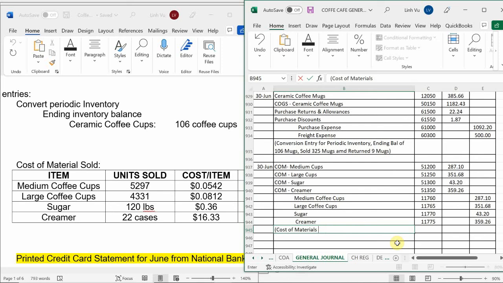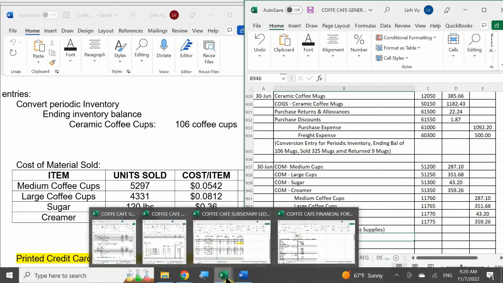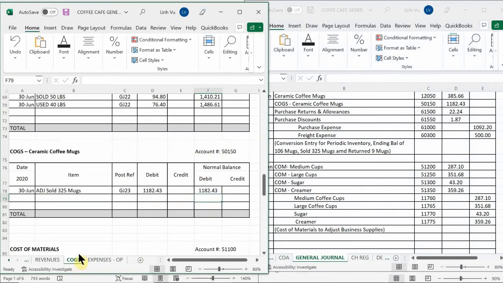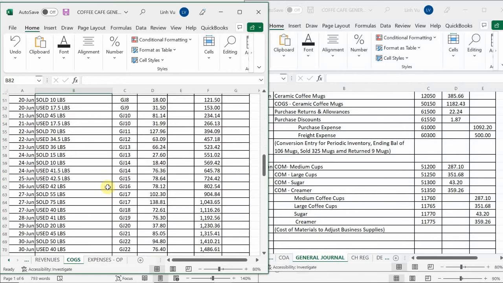Cost of materials to adjust business supplies. Okay? So now we can go to our ledger because let's take a look. If I'm going to go to my cost of materials, which is a part of cost of goods sold, right?